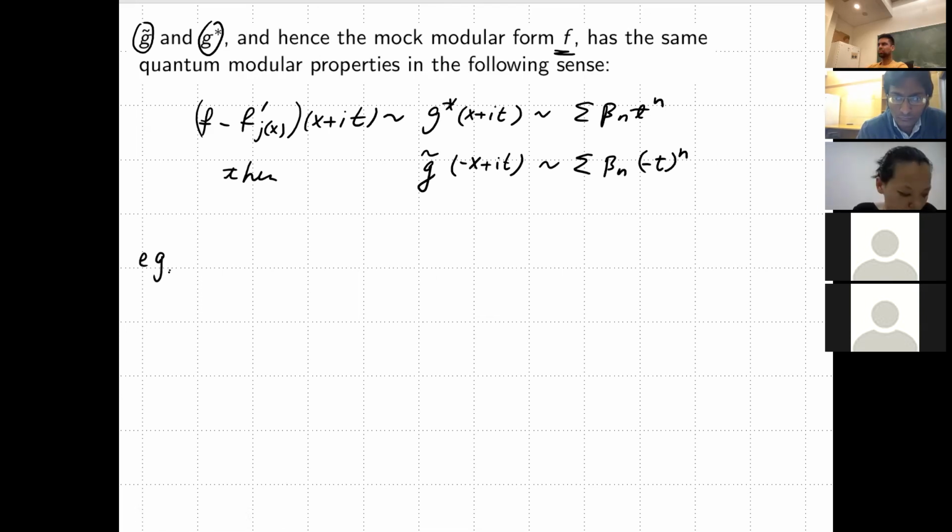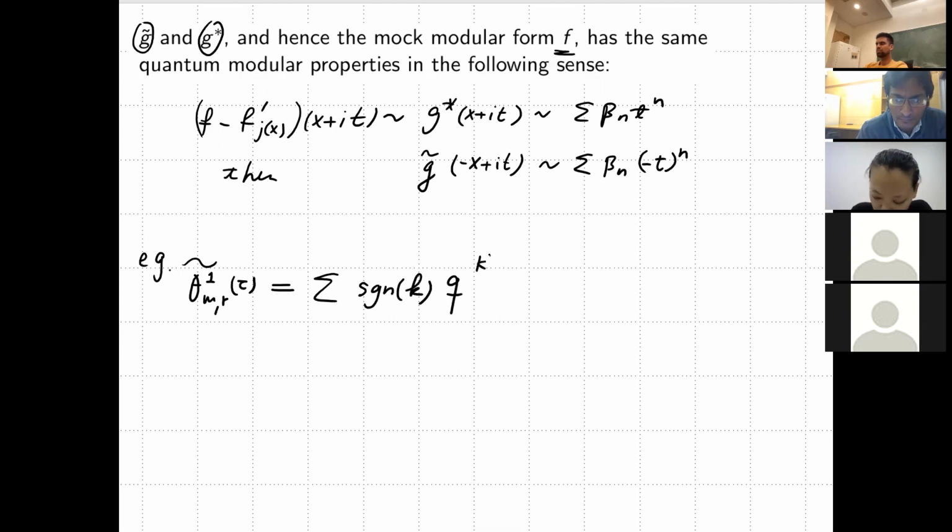So a simple example, as I alluded to, is that you take this theta 1 function that we have encountered earlier and take an Eichler integral, and what you get is indeed the false theta function. It's called false because if you take out the sign factor, then it's nothing but the usual modular form. Okay, so it satisfies this condition.